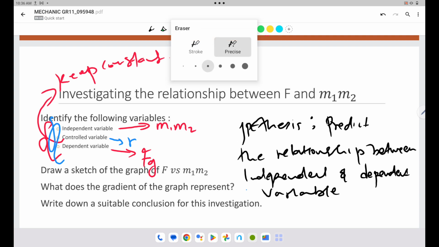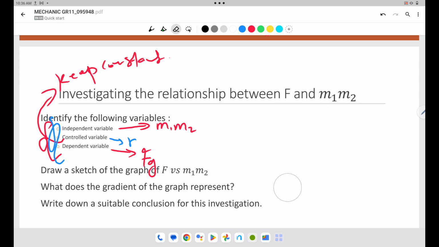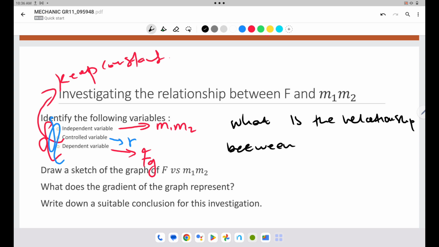And the other one is the investigative question. What is important is that this is a question. It must have those words which indicate that you are asking a question. What? How? And most importantly, there must be a question mark. So the investigative question always takes the form: what is the relationship between the independent and dependent variable?